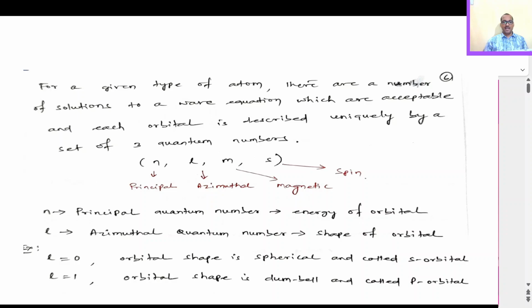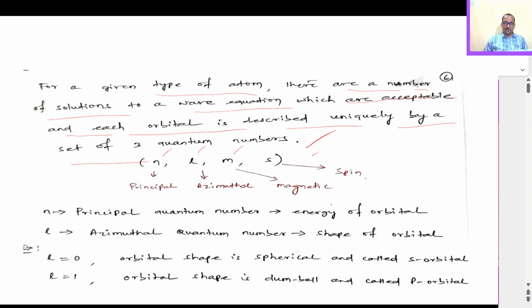For a given type of atom, there are a number of acceptable solutions to the Schrödinger wave equation, and each orbital is described uniquely by a set of 3 quantum numbers. Basically those are principal n, azimuthal l, and magnetic m. And the fourth quantum number is the spin quantum number.